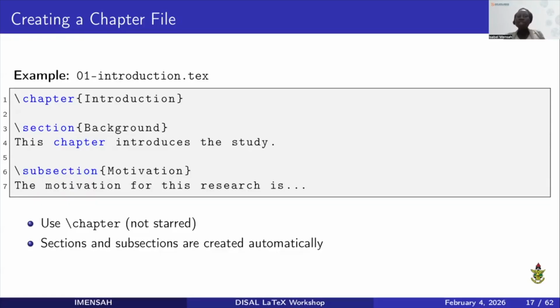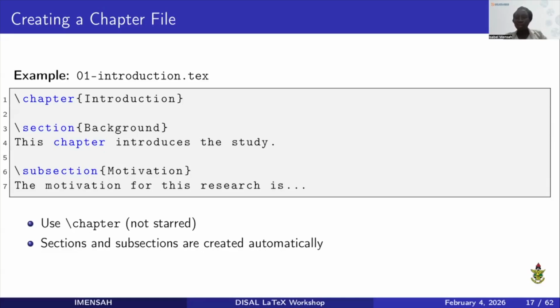Then when you finish, you start defining your sections and your subsections. I think it goes up to subsections, and then it does the numbering properly for you, so you don't have to worry about it. Let's say the chapter is 1, your section, background, as a main section under the chapter, will be numbered 1.1 for you.